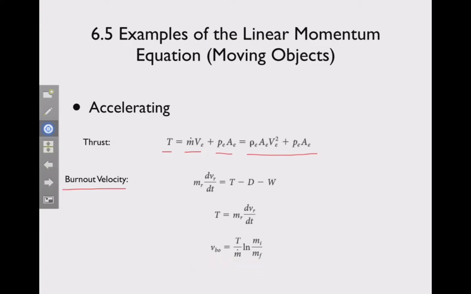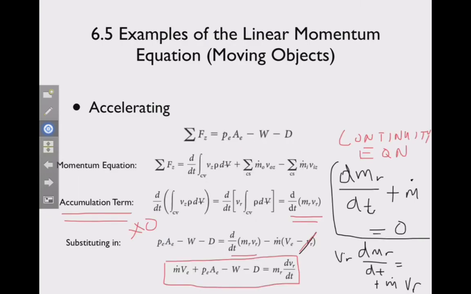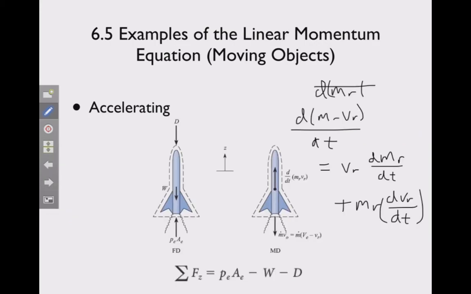That's all I'm going to say about this. But the key to this section is that because this is an accelerating body, this term in the momentum equation has to appear. This is its value, and we have to deal with the total derivative, both parts, both the mass changing and the velocity changing.